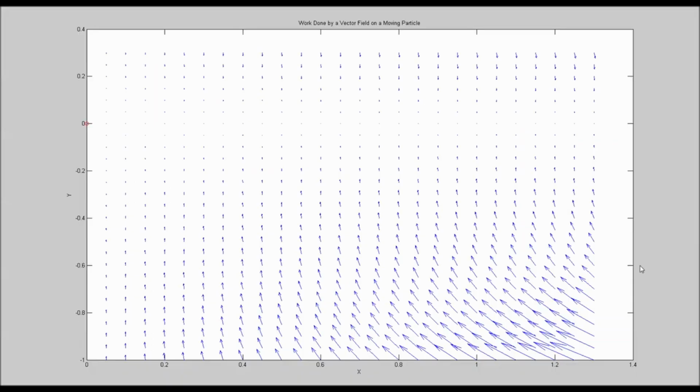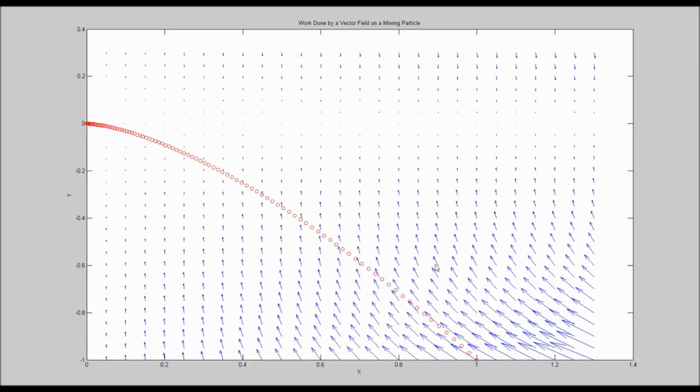Okay, so here's a vector field. You can see up here there's a particle, and you can see the particle moves through the vector field. The way you interpret this is like maybe this coordinate system is like a plane.